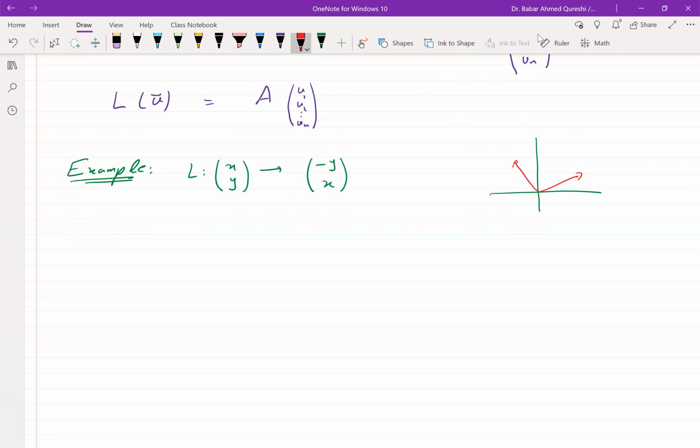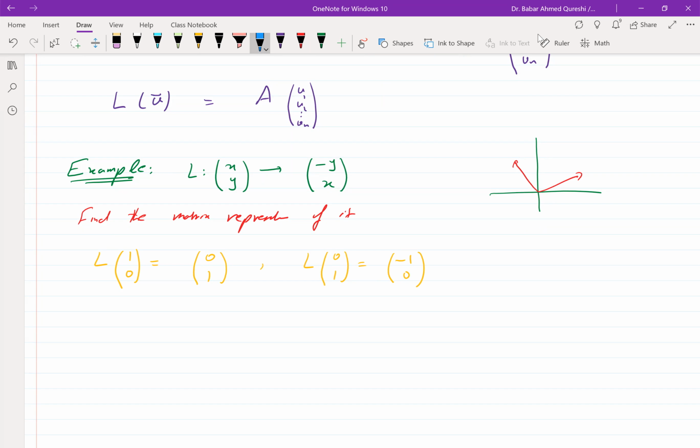So in any case, this is a linear transformation, and we want to find the matrix representation of it. So very easy. All you have to do is apply it on the standard basis. So (1, 0) goes to (0, 1). The rule says that this comes here with a minus, and this comes down here. And on the second vector, you have a minus 1, and this comes down here.